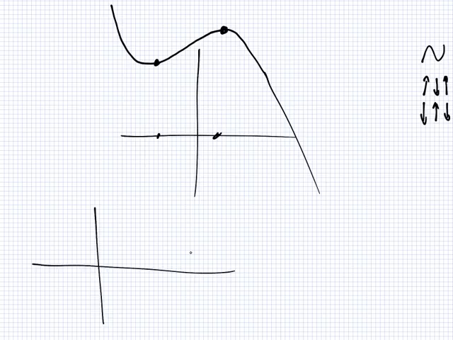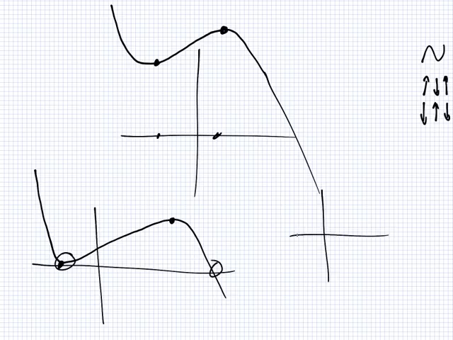What if there was 1 turning point above and then 1 on the axis? How many would it have? Down, up, down. It would have 2. What about if both turning points were below?